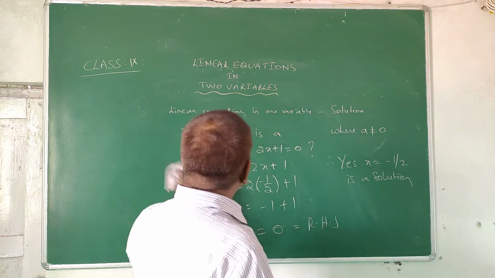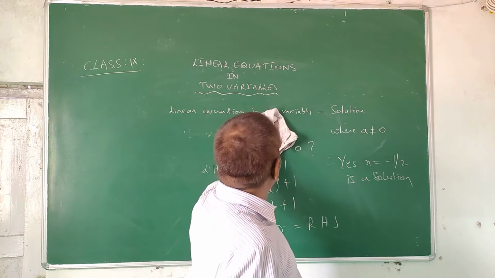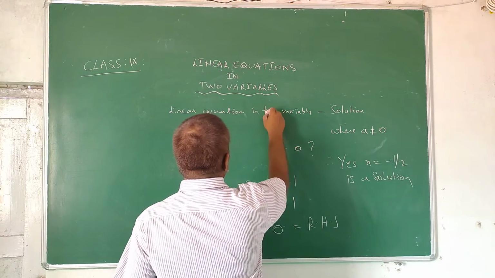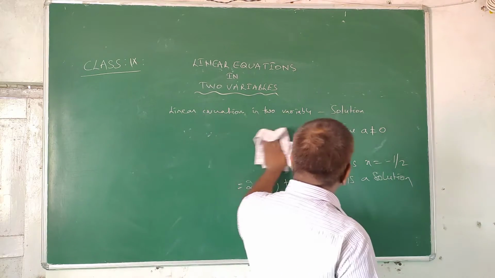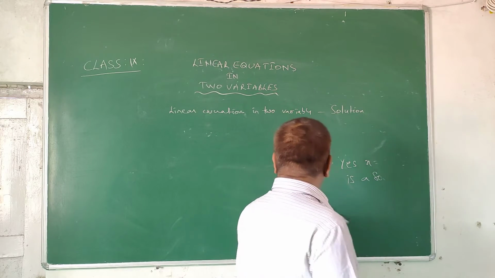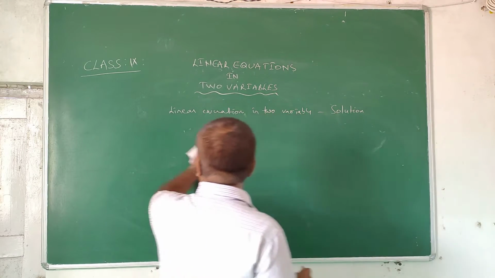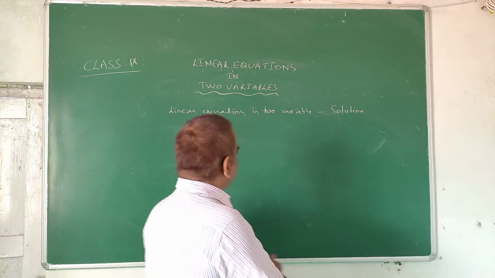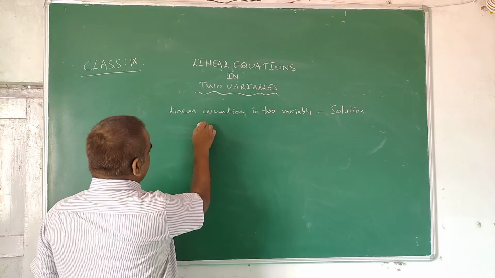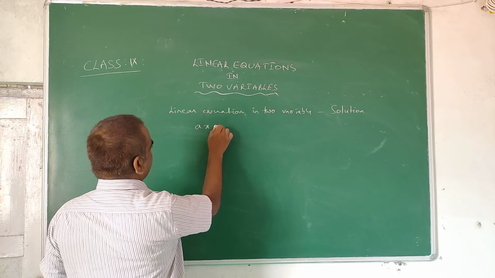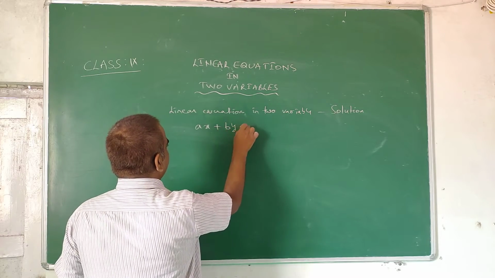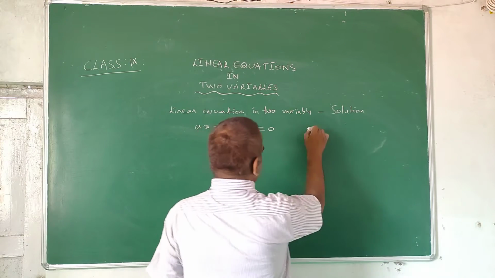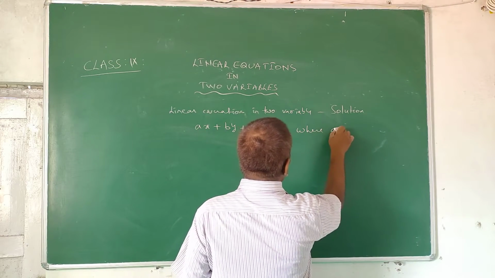Understood? So coming to linear equation in two variables and its solution. So dear students, you see the standard form for a linear equation in two variables is ax plus by plus c is equal to 0, where a comma b is not equal to 0 comma 0.